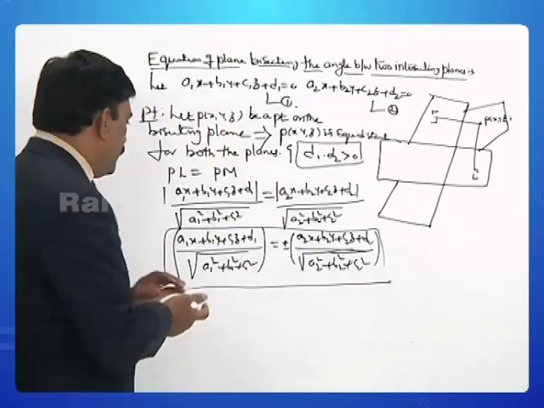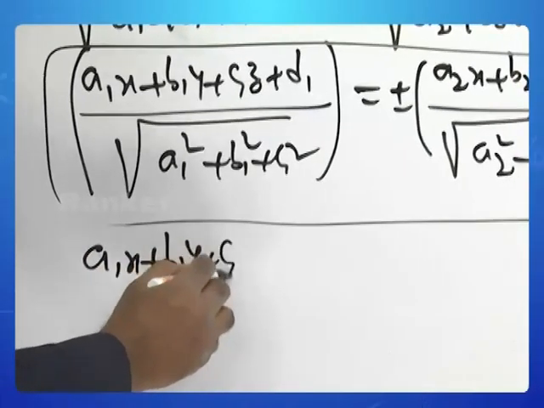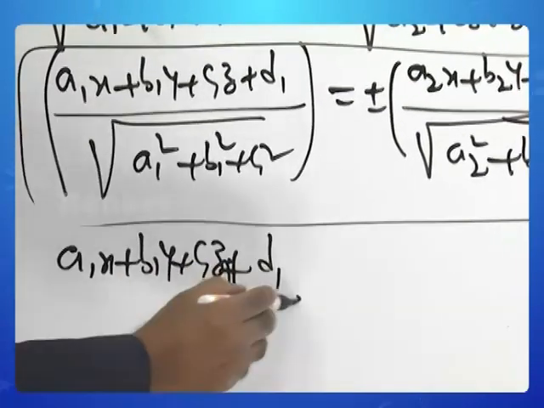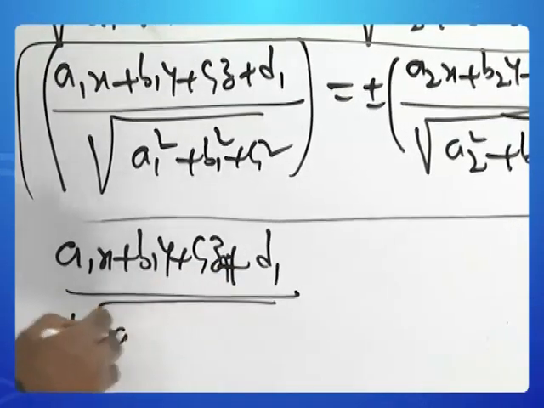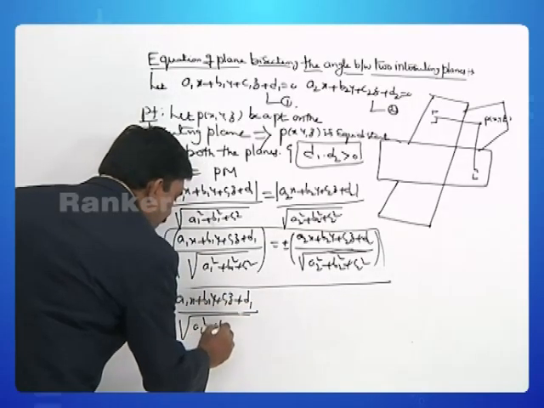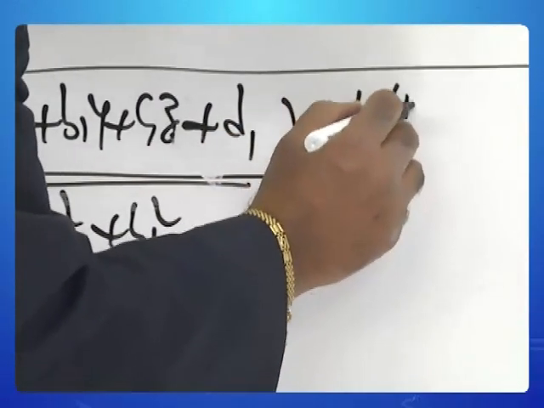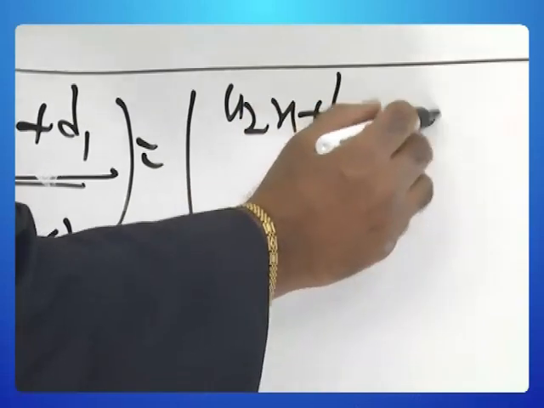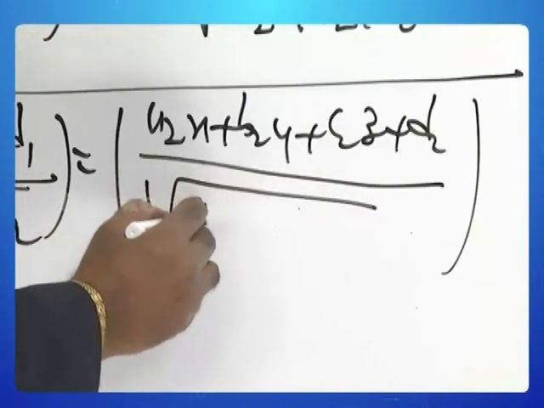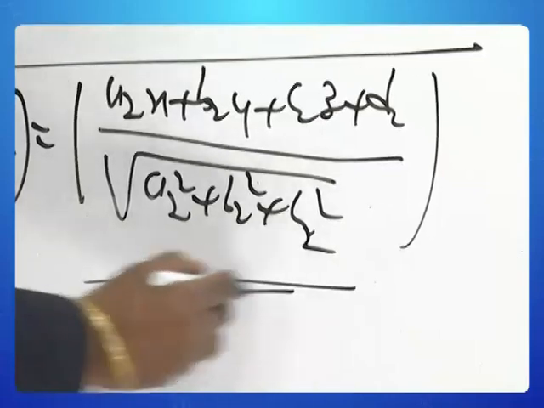So what are the bisectors? I can write A1x plus B1y plus C1z plus D1, whole divided by the square root of A1 square plus B1 square plus C1 square, is equal to plus of A2x plus B2y plus C2z plus D2 divided by the square root of A2 square plus B2 square plus C2 square, right?